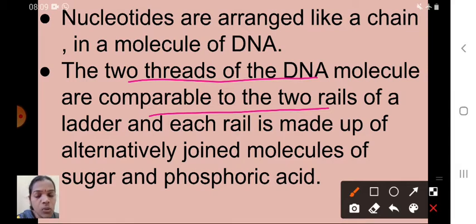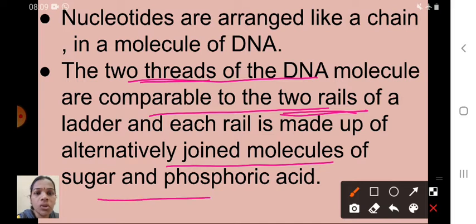As I told, the DNA structure is compared with a flexible ladder. Each rail is made up of alternately joined molecules of sugar and phosphoric acid.